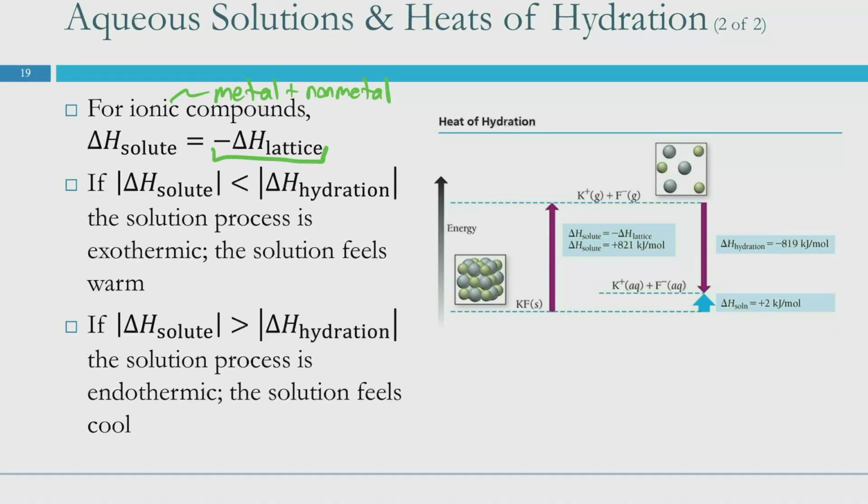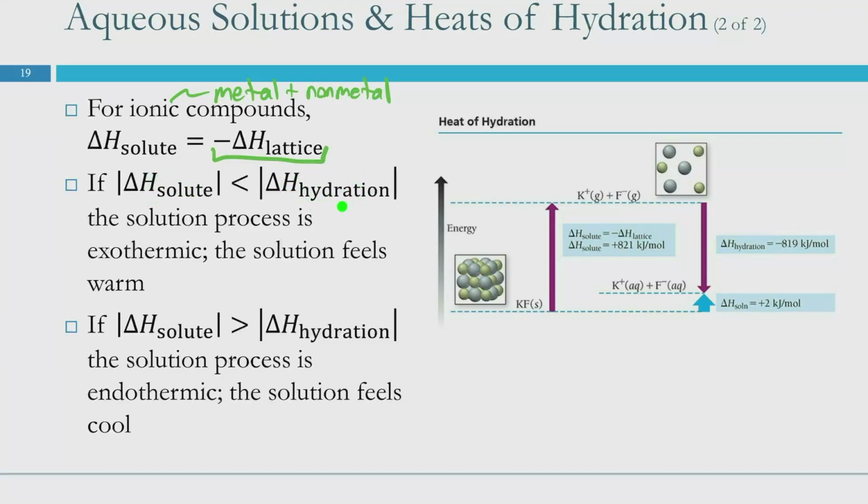If the absolute value of the enthalpy of our solute is less than the heat of hydration, and the heat of hydration is always going to be exothermic, while delta H of the solute is always going to be endothermic, so we have a positive and a negative.